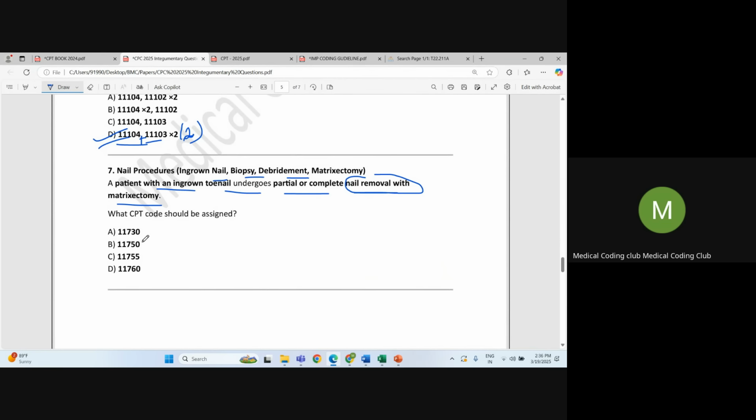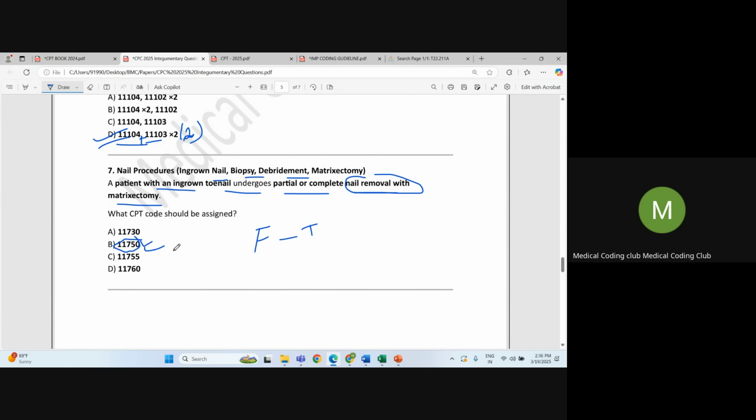11750 is the correct answer for the 7th question. As I said, for nail procedures or toe procedures, you have to code from the F series and T series modifiers. Check the location, on which nail or on which toe they are performing the procedure.